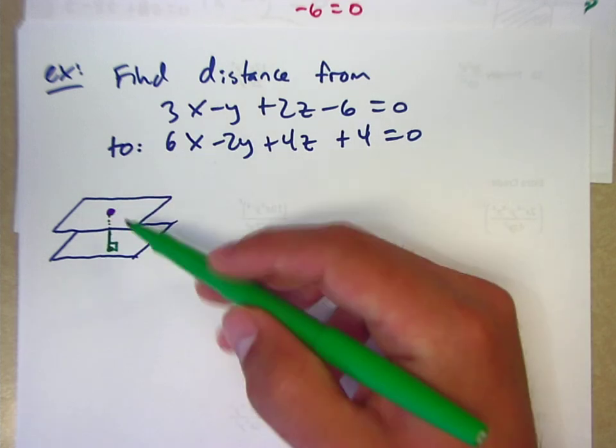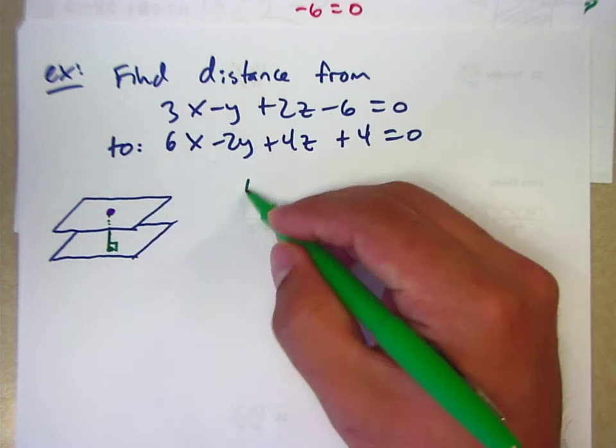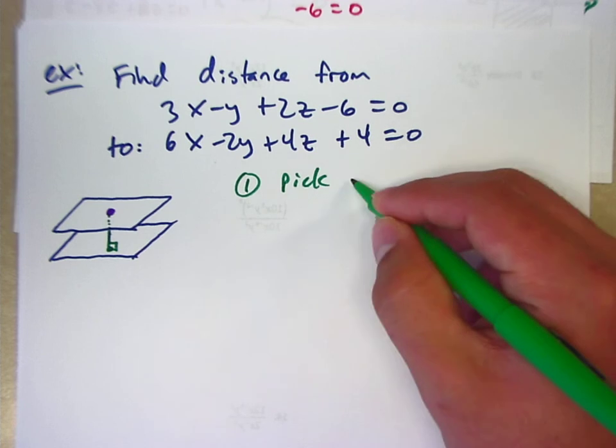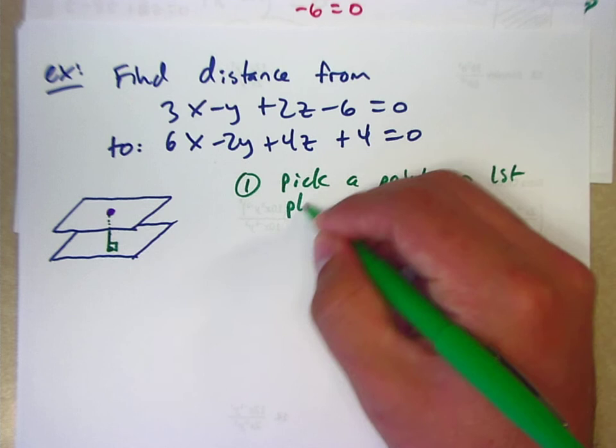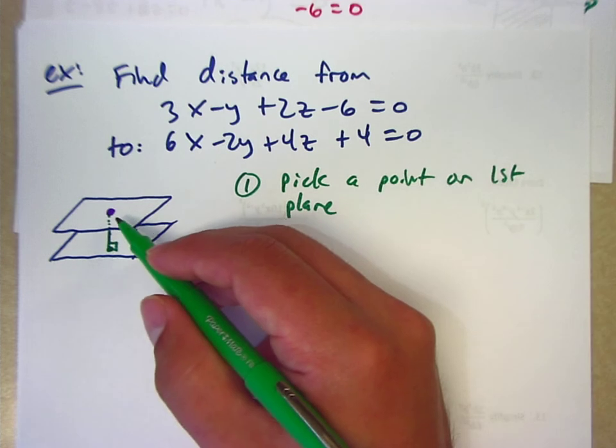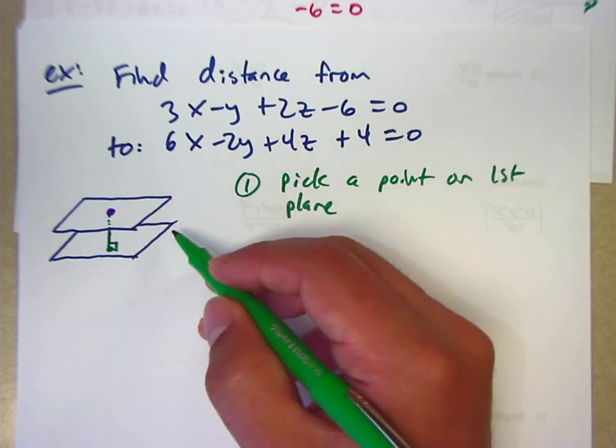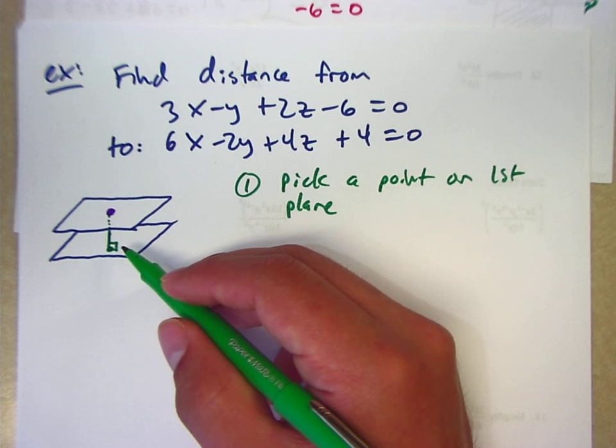So if I just pick any old point on the first plane, now I have a point, and I already have the plane equation for it below, and we're done. So it's actually pretty easy. You just need to create your own point.